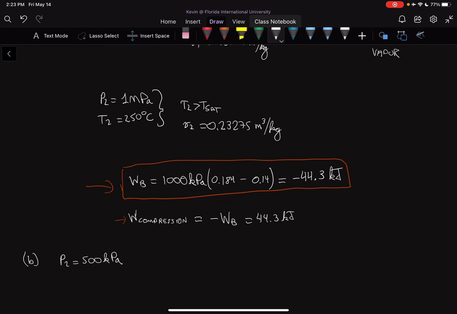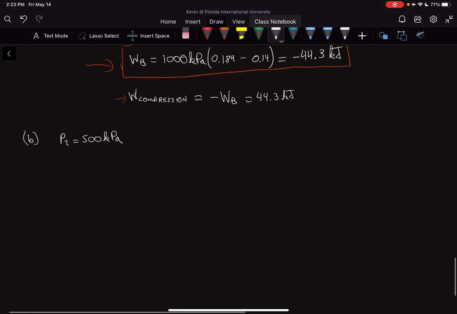So we're told that the final pressure is equal to 500 kilopascals. And we know that initially, if we look at our system, our piston cylinder assembly, our piston was somewhere here. Okay, we had this point right here initially. And I'll put the stops right there.